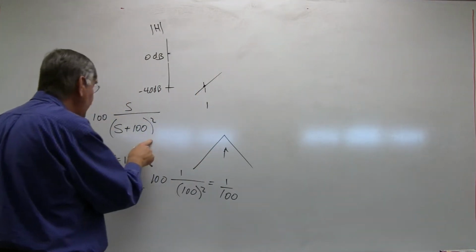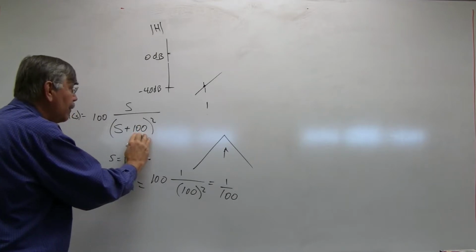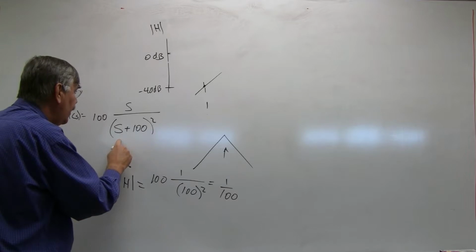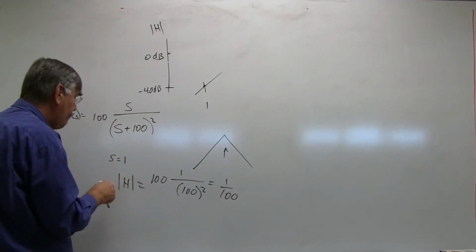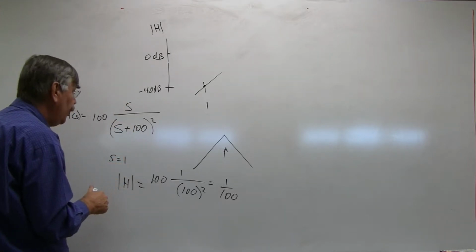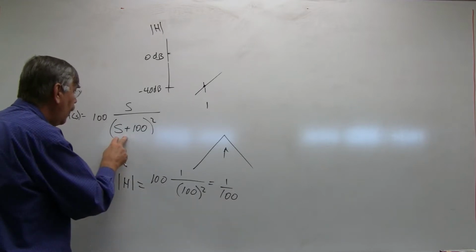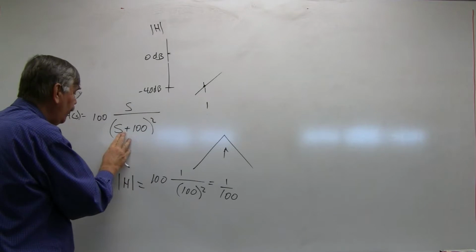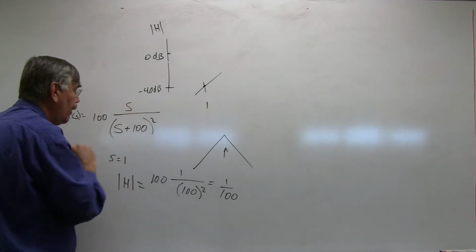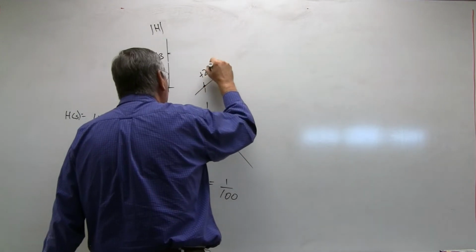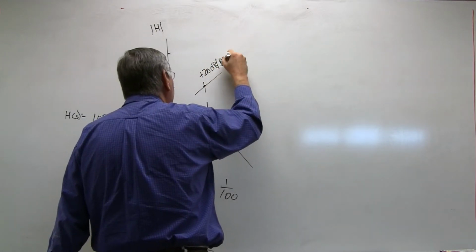And then we see that at very low frequencies, that's much less than 100, so the 100 becomes unimportant. So this thing is now proportional to frequency. At s very small, this is the only frequency-dependent term, so this should be going up at plus 20 dB per decade, proportional to frequency.